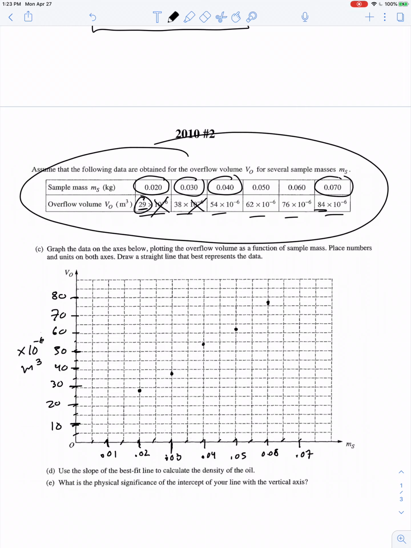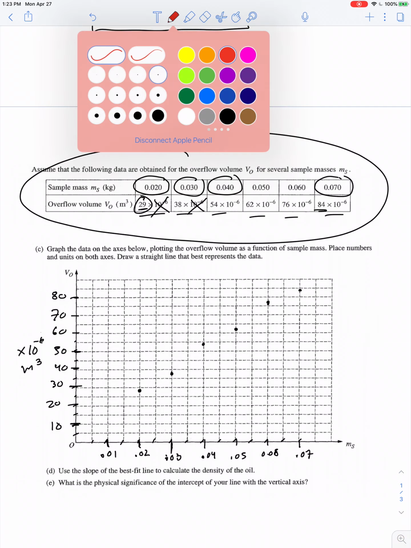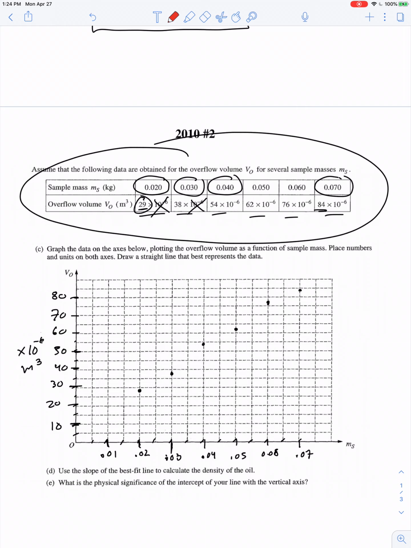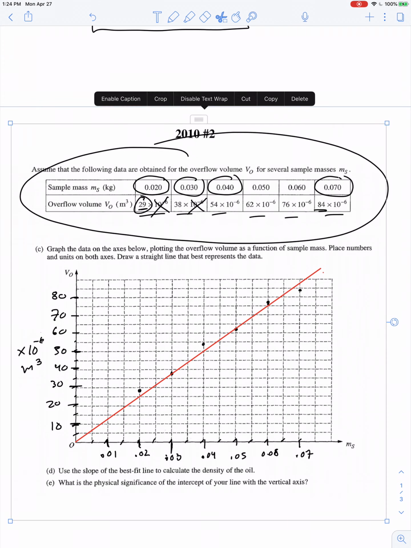And 0.07 corresponds to 84. There we go. So let's see if we can make a line of best fit. That's pretty good. Maybe we can straighten that out a little bit. How about right there? Okay.